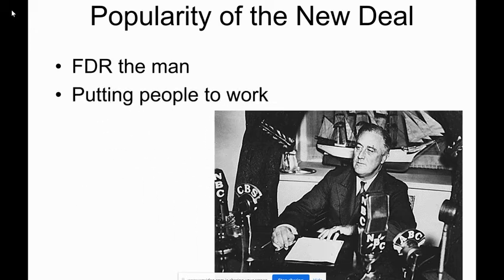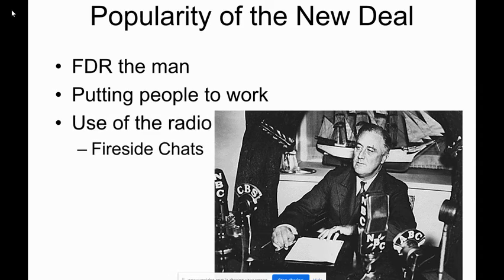A lot of people, especially the lower class, especially the middle class, tended to really like FDR. Even minority groups, Native Americans, we're going to see, African Americans are going to kind of shift their political allegiances, because more than anything, he did a lot to try to put people to work, and especially those people that needed it the most. FDR was a great communicator.